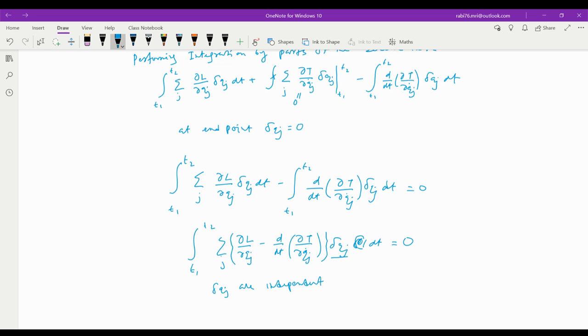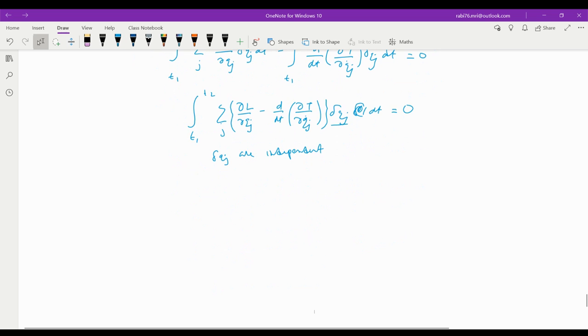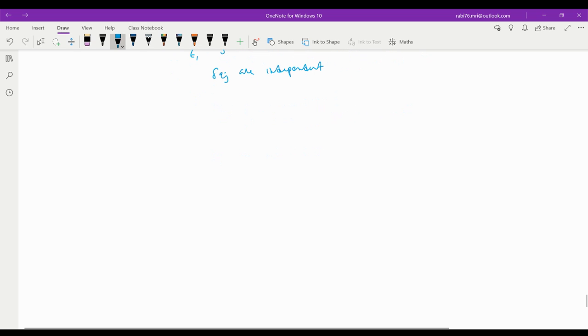Therefore, this integrand must be 0 because the right hand side is 0. Oh, sorry. All the q's are independent. So del T del qj dot minus del L del qj equals to 0.